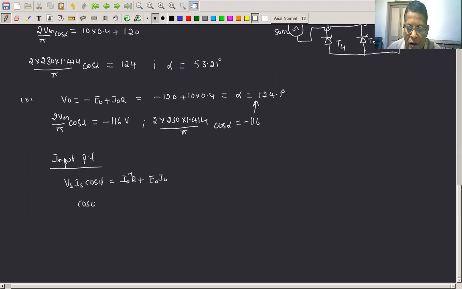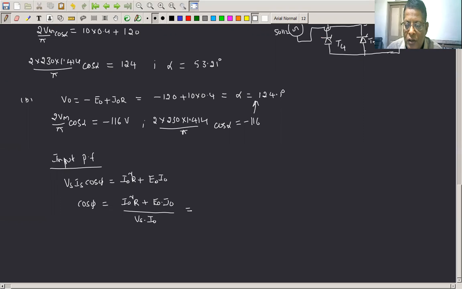So cos phi equal to I naught square R plus E naught into I naught by Vs into Is, where for constant load current, Is is nothing but the RMS value of source current, that is equal to the RMS value of load current.